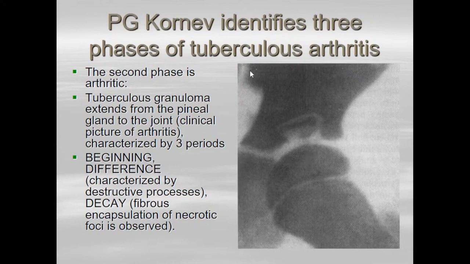Look, it's the coxal joint too. It's a child too. Why? It's the growth zone. It's tuberculosis. But you look, it's not isolated to the bones. It's open and includes the whole joint. It's the second phase, arthritis.